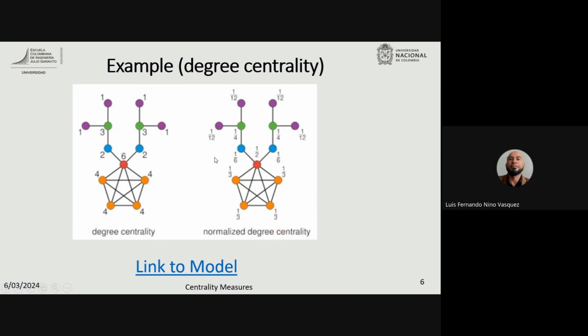Wait, Professor. So what is the intuition then, Manuel? What idea does it provide when you take that measure? Okay, I think it is a way to put the degree centrality between 0 and 1, taking into account the links of the node and the total number of nodes. Okay. Yeah, but does it give any idea, if you measure the normalized degree centrality, of how connected the node is to the rest of the nodes of the network?